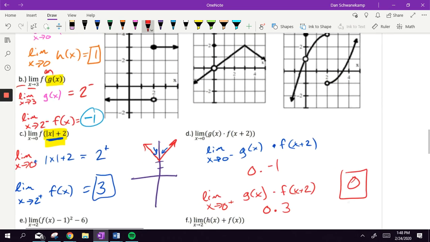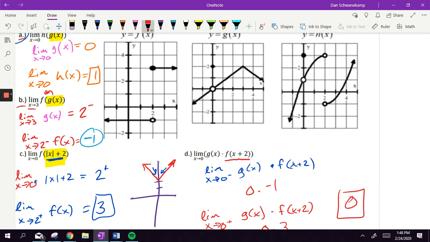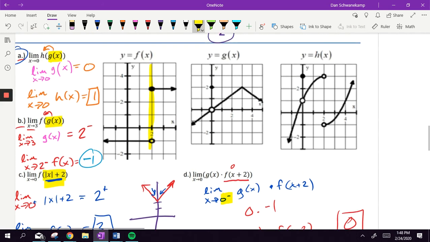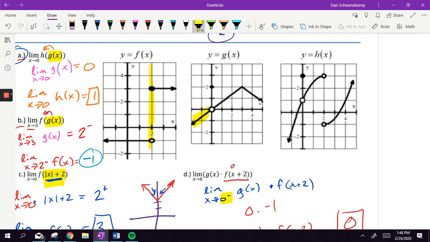At first glance, if I tried to do f of x plus 2 at 0, if I move to the right 2 on f of x, you would see that there is a break right there. Okay, that would put you at positive 2, so there's a break. So at first glance, it might look like it's D and E. Okay, but we're doing g of x times that. And so if I do g at 0 from the left-hand side, I'm getting closer and closer to 0, times f of x plus 2 from the left-hand side, that's going to be down here at negative 1.